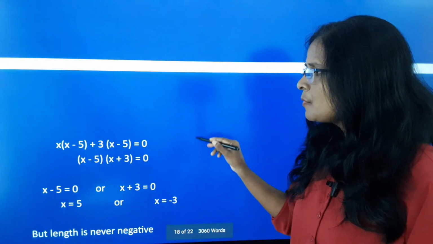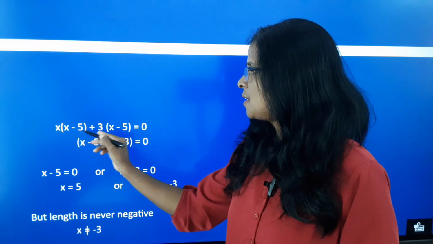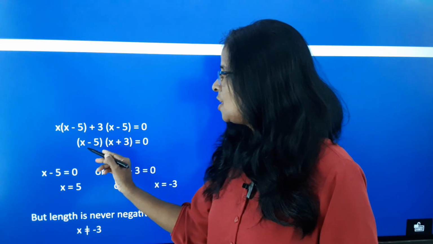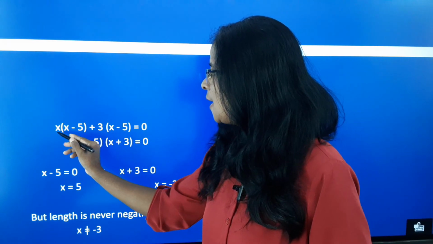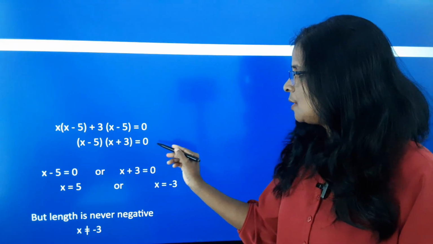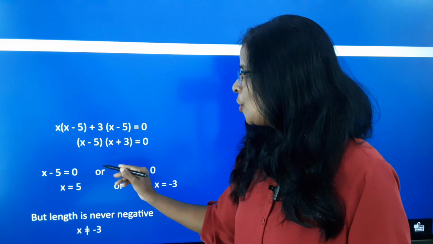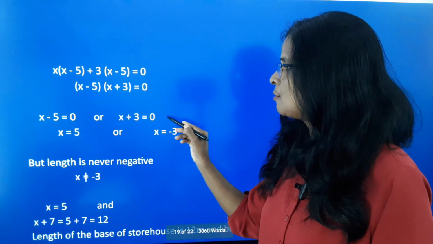Now after grouping, we have x multiplied by (x minus 5) plus 3 (x minus 5) is equal to 0. So in the first bracket x minus 5 and in the second bracket x plus 3, that will be the remaining term, which is equal to 0. So the first bracket x minus 5 is equal to 0, or the second bracket x plus 3 is equal to 0.